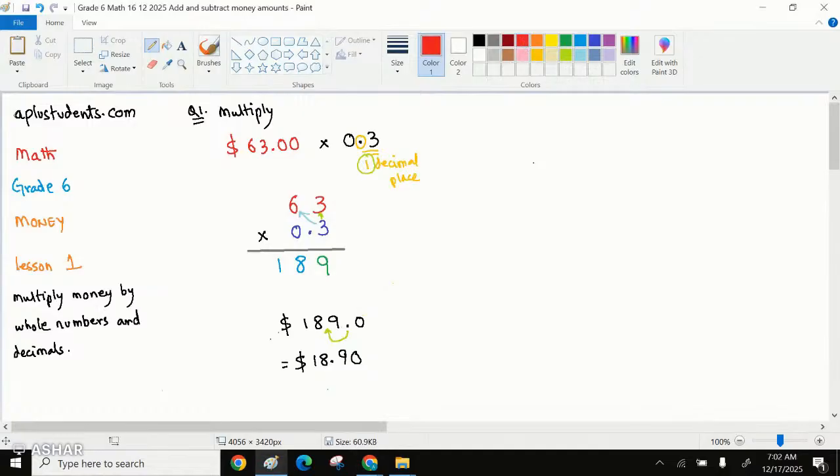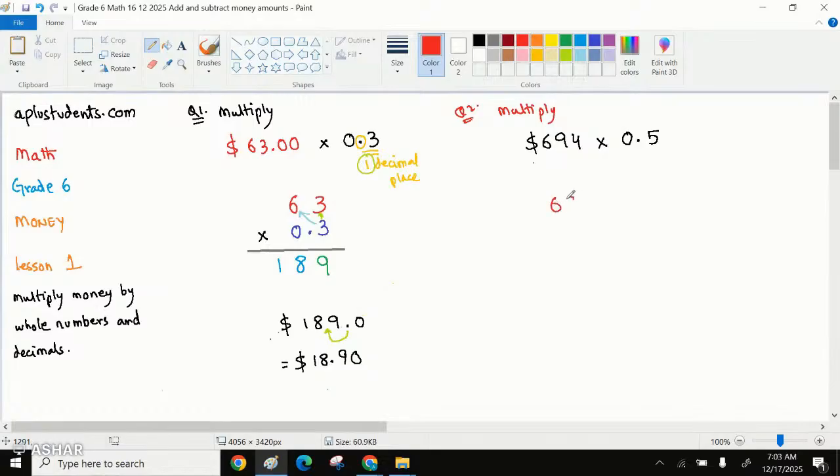So the next question says, multiply $694 by 0.5. We need to multiply 694 by 0.5. So let's do the multiplication.